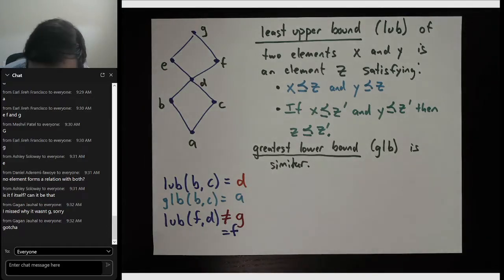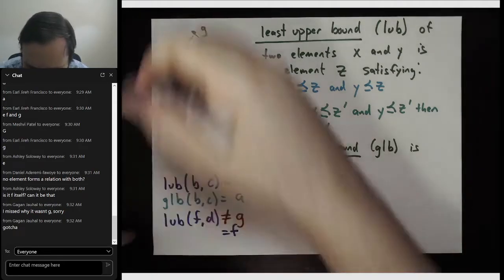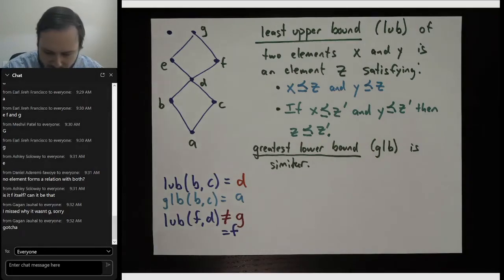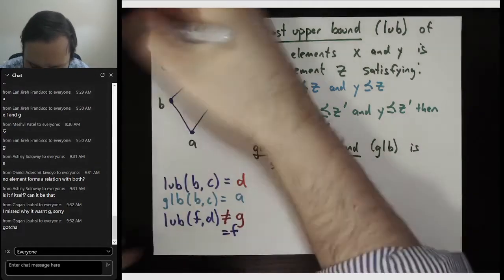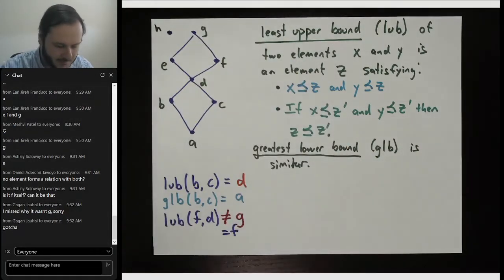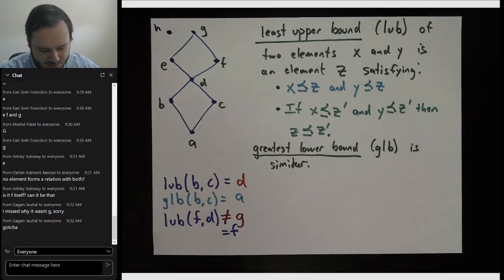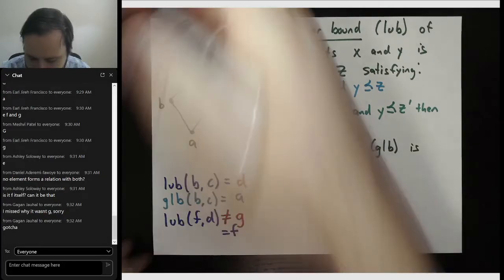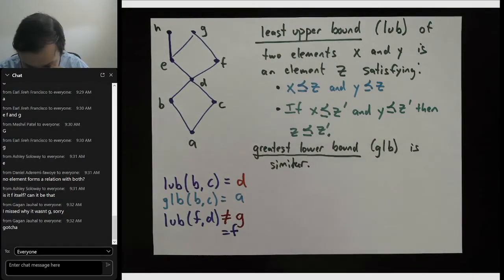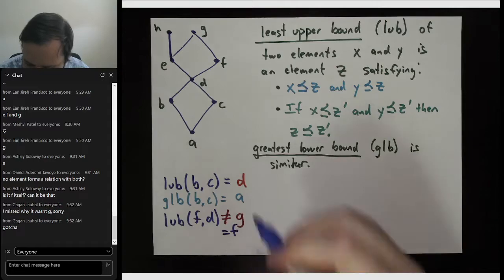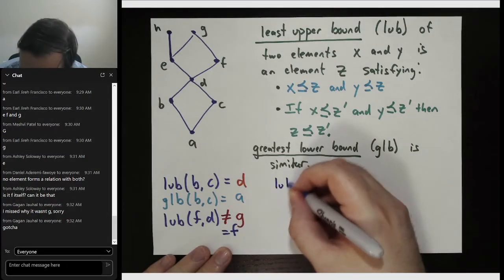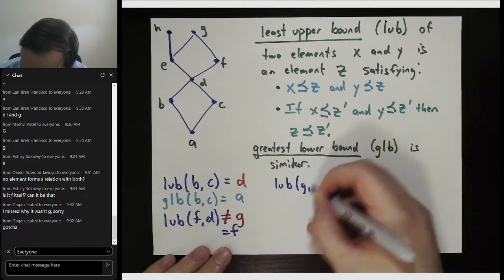One more thing I want to add to this. Just going to add another element H, so that I can ask. Everything I've written is still true, by the way. What is the least upper bound of G and H?